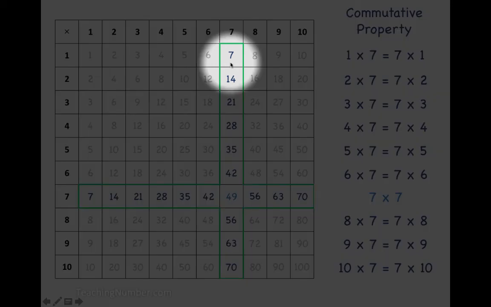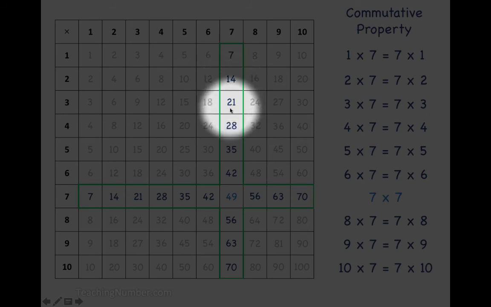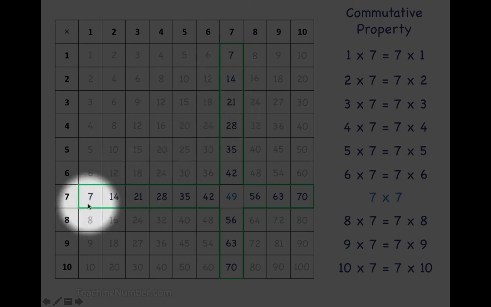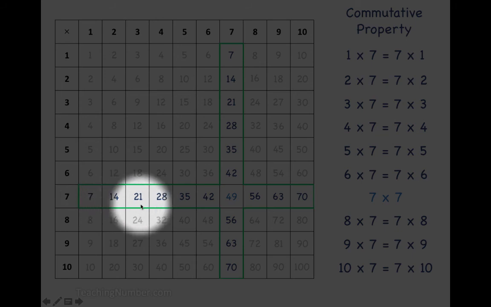Did you remember that the column is 1 7, 2 7s, 3 7s, etc.? And the row is 7 1s, 7 2s, 7 3s, etc.?